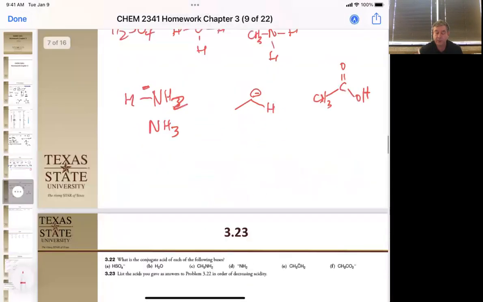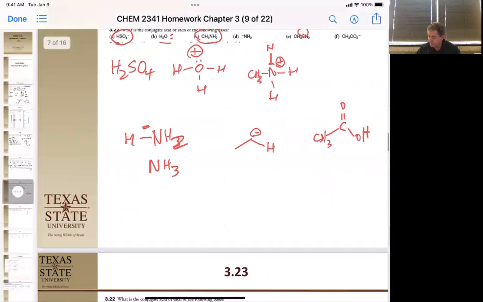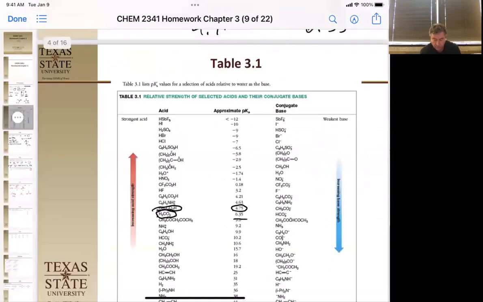You add a proton. Okay, and list the acids in the problem in decreasing acidity. So let's look at the pKa's again for this. The pKa for sulfuric acid is really strong, minus 9. Carboxylic acid is 4.75.